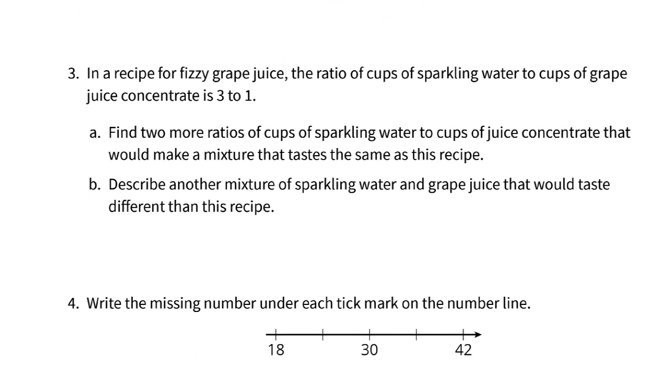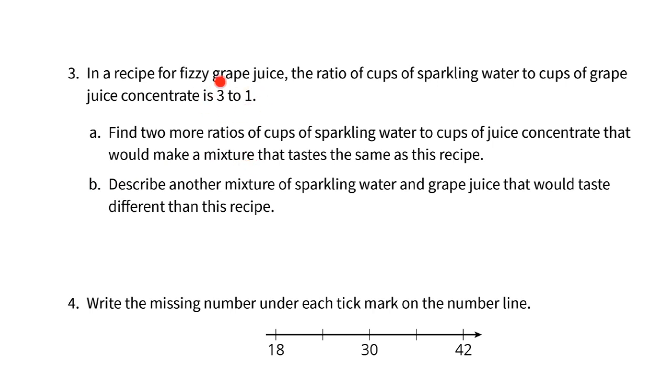All right. In a recipe for fizzy grape juice, the ratio of cups of sparkling water to cups of grape juice is 3 to 1. So water to concentrate is 3 to 1. Find 2 more ratios of cups of sparkling water to cups of juice that would make the mixture taste the same.